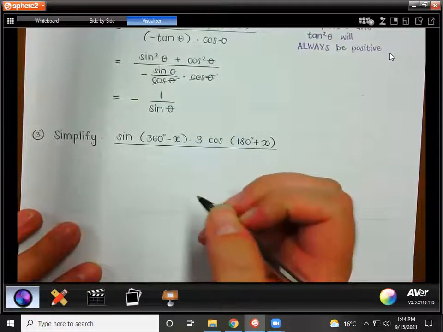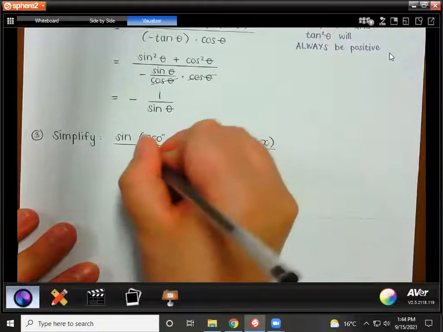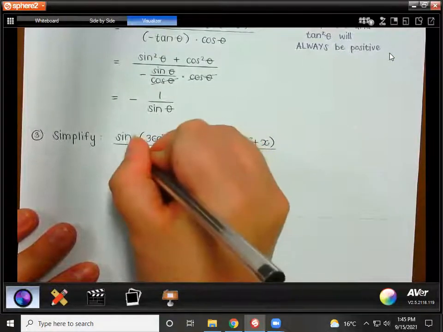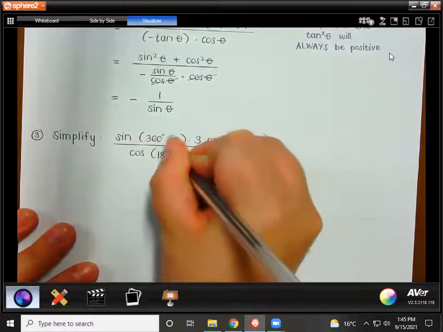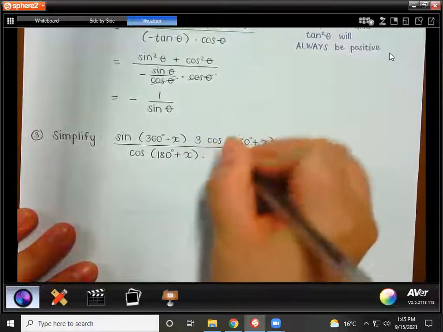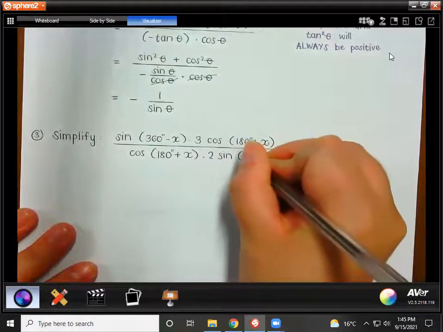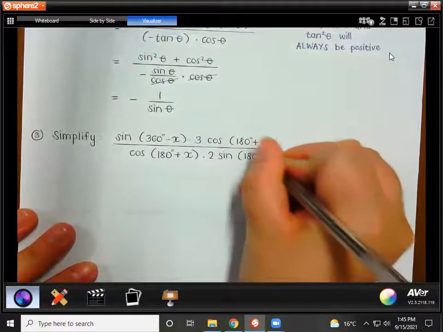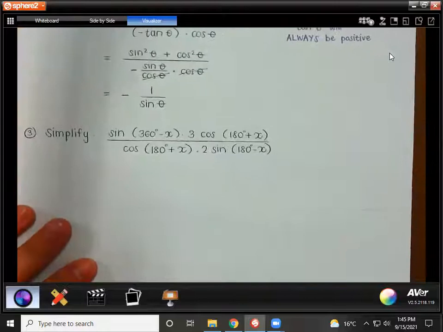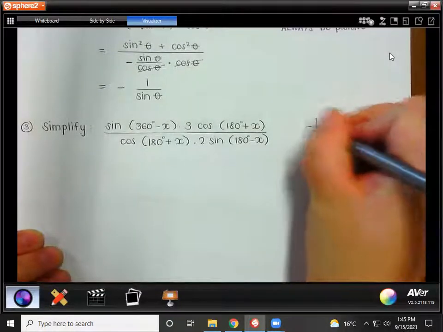This is actually the same, so I'm going to change it to... Okay, do that one on your own for me, please, guys. Draw your CAST diagram on the side just to help you.